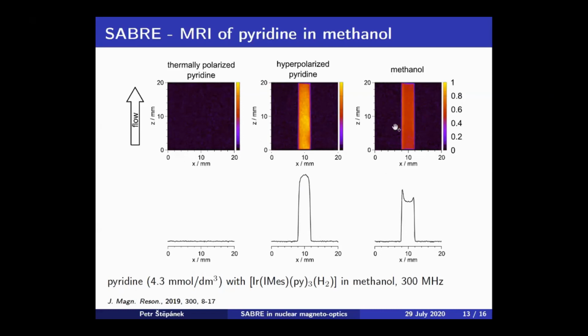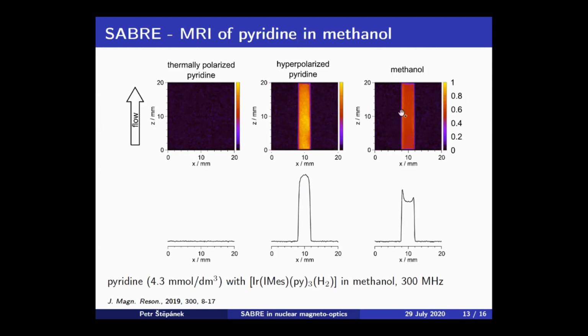In the lower part of the figure here is the profile of the intensity along the x-axis. And what we see here is a difference in the profile, which can be explained by the different origin of the polarization. So in the case of hyperpolarized pyridine, the polarization is coming from outside, and in the case of methanol, it is being generated inside the magnet.